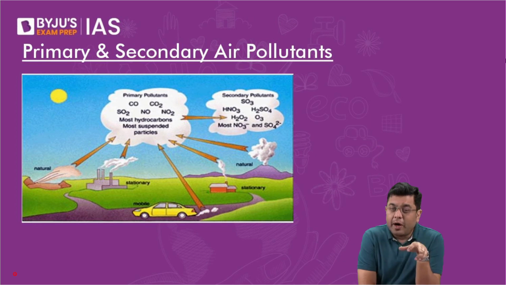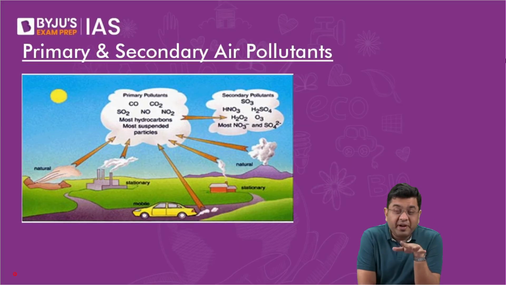Then, after ground level ozone and photochemical smog, we are going to cover why the pollution is much more in the northern part of the country, where we will cover issues such as stubble burning. Then, after that, we are going to cover the depletion of the ozone layer. Why does that happen? Which chemical reaction actually initiates the depletion?